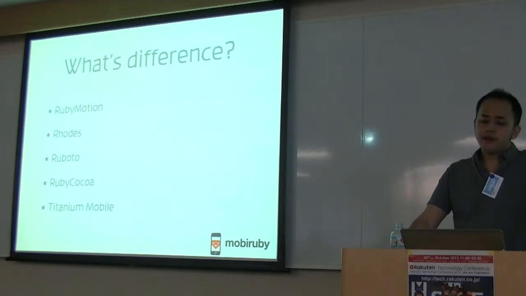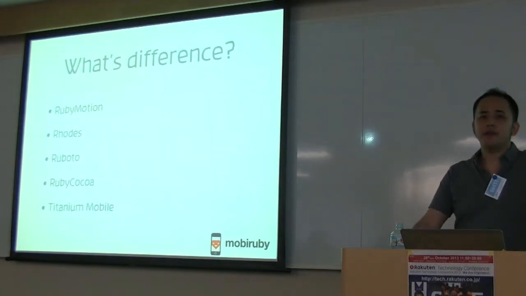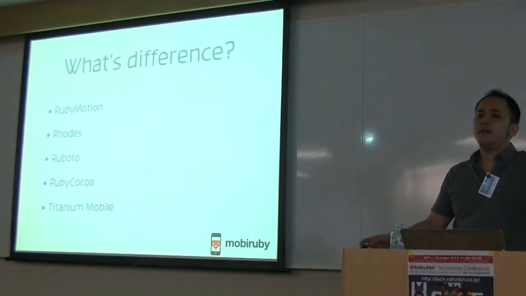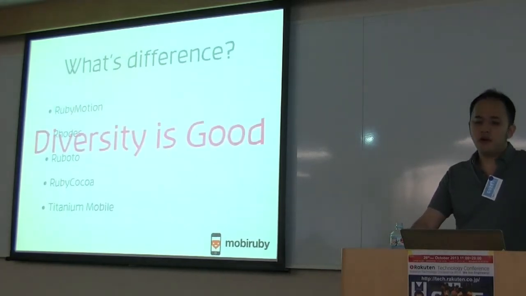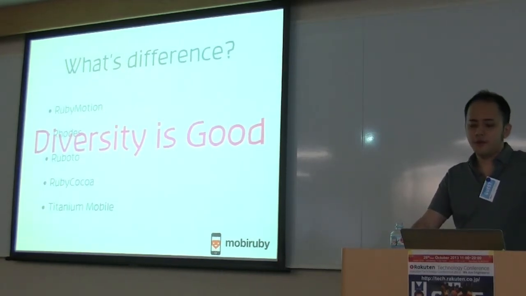And there are a lot of Ruby iOS development toolchains: RubyMotion, Rhodes, Lupee, and RubyCocoa. I think almost all have the same goal, but I think diversity is good. It's one of the Ruby ways, I think.